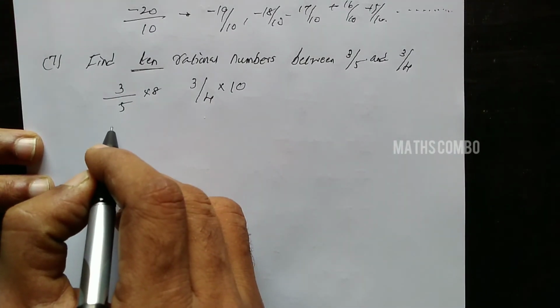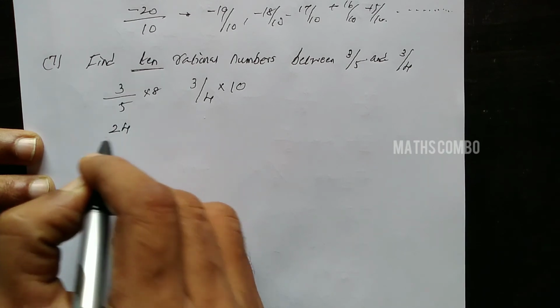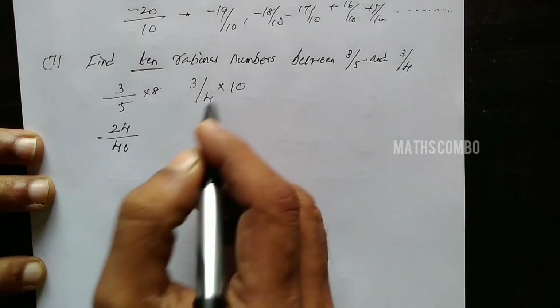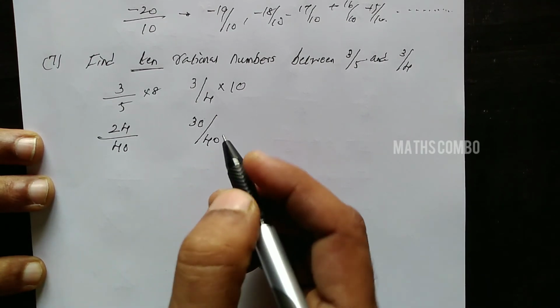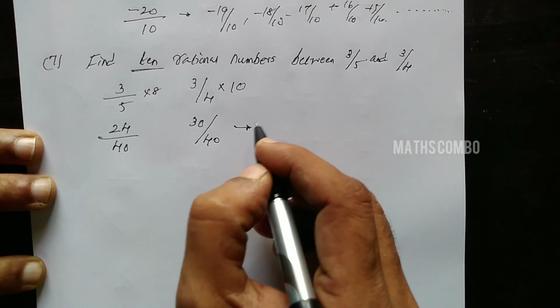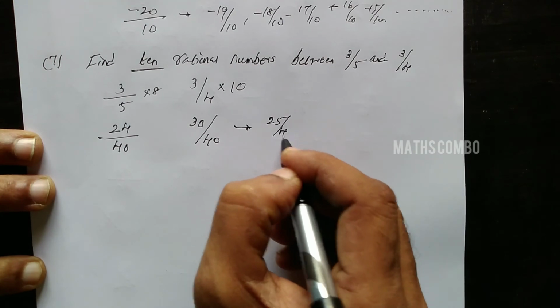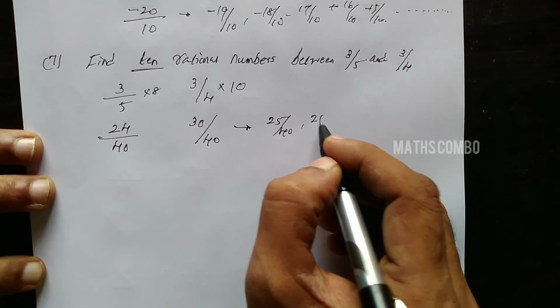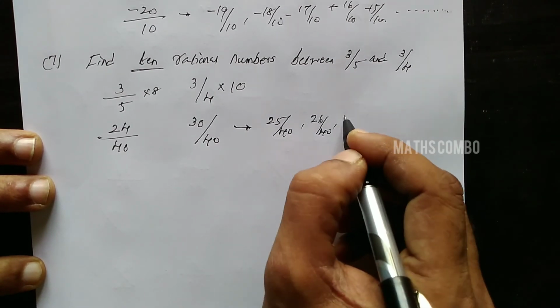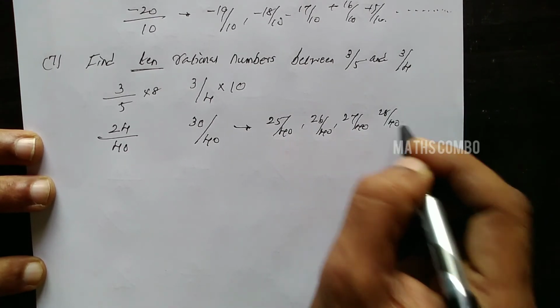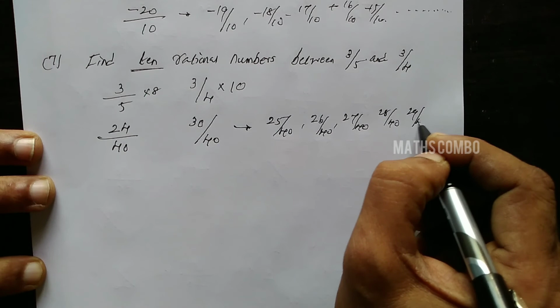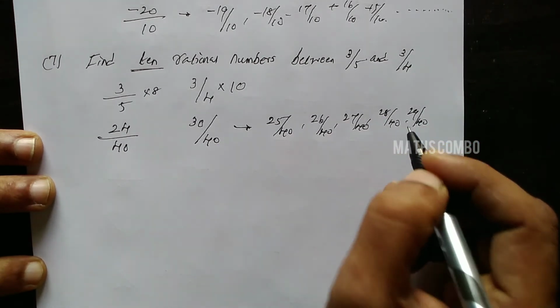So the first one is 24 by 40, and this is 30 by 40. Now the rational numbers in between are 25 by 40, 26 by 40, 27 by 40, 28 by 40, 29 by 40. So we got only 5 rational numbers.